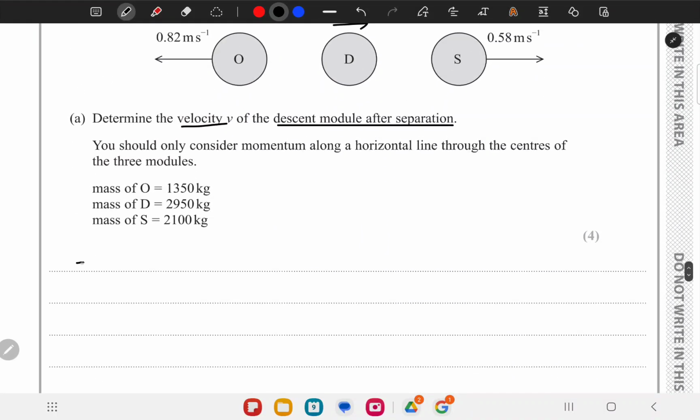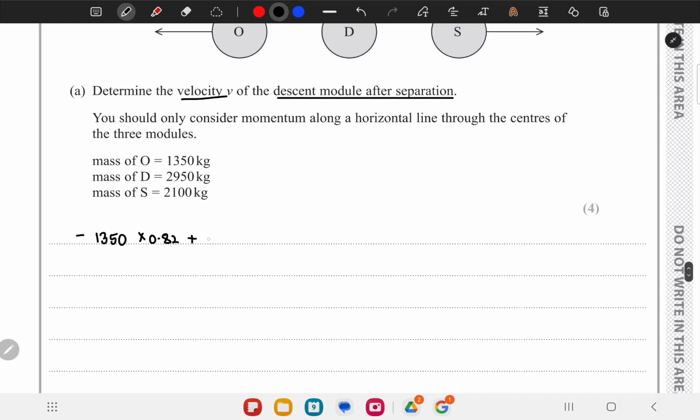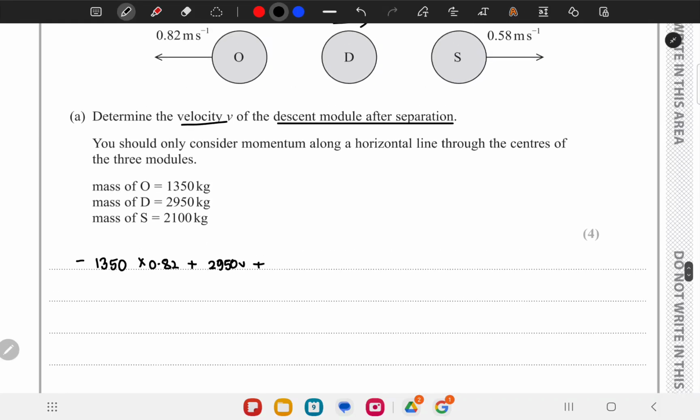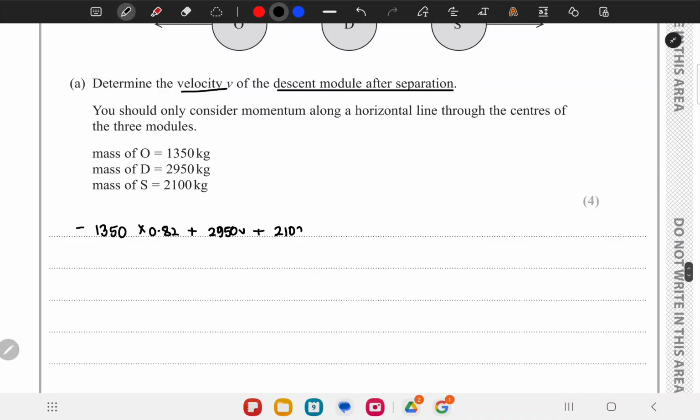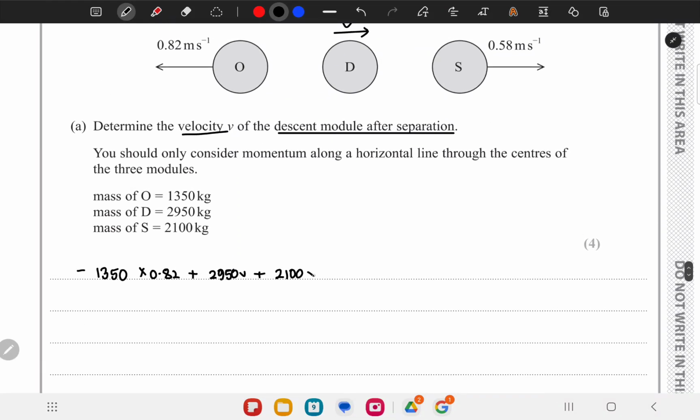So for O we have minus 1350 into 0.82, plus for D we have 2950V, plus for S we have 2100 into 0.58. This will be equal to 0.